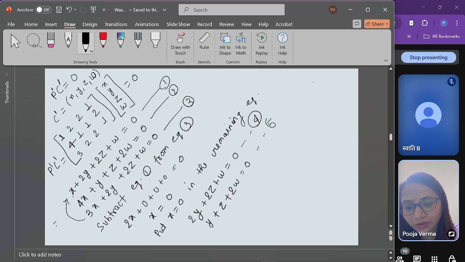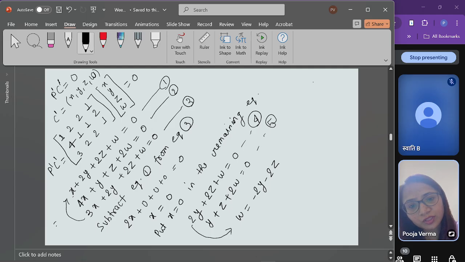You will get equation 5. Now what we need to do, from equation 4, can we write it in another form? So we can write it in the form of w also. So here you will get w equal to minus 2y minus 2z.